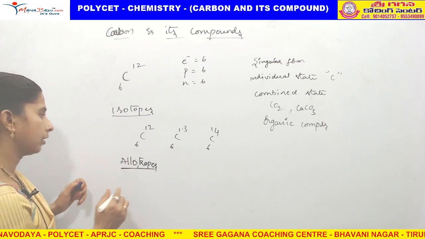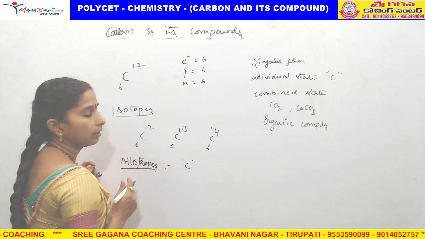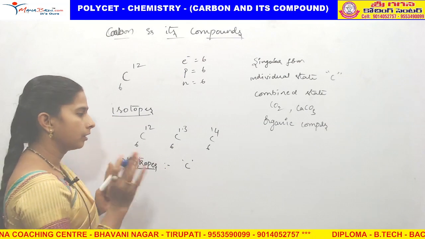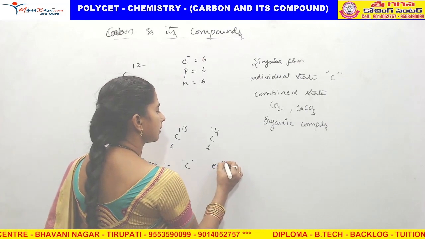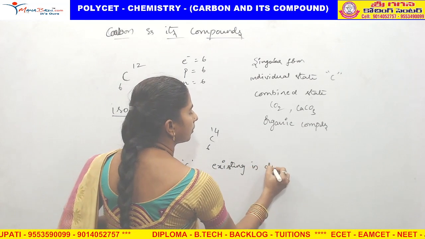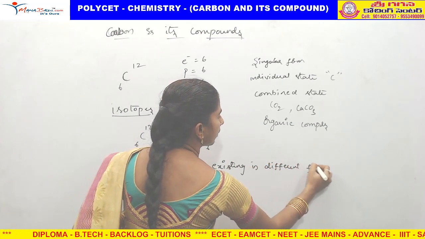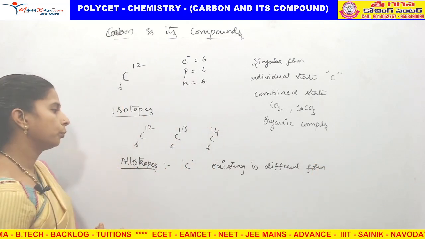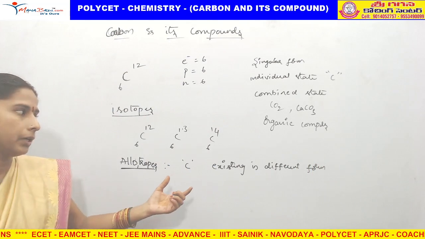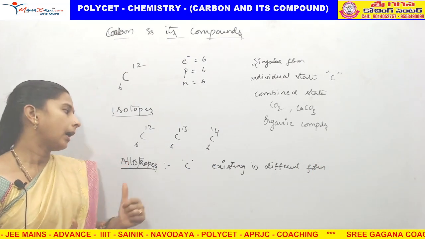Allotropes means it is the same carbon only, the same formula, the same substance, but existing in different forms. Existing in different forms is called allotropy.